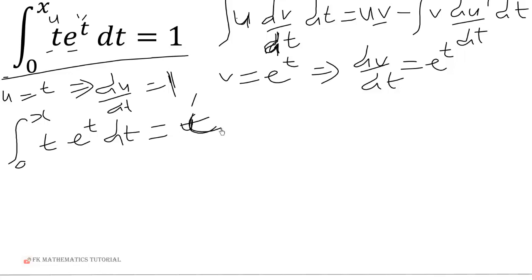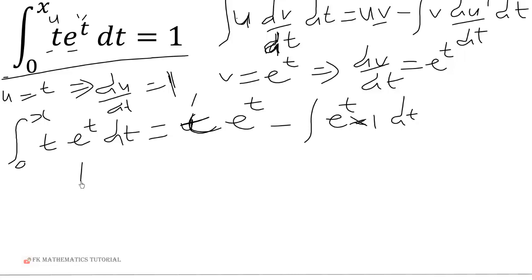So we have t times e to the t minus the integral of v, which is e to the t, times du/dt, which is 1. So times 1, then we have dt. So the whole of this thing is giving us 1.